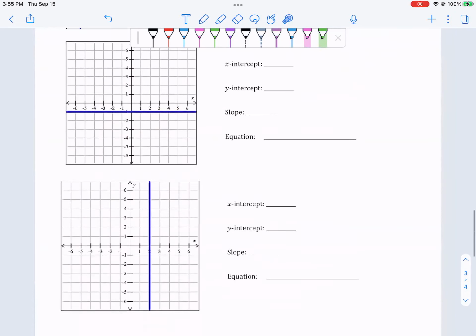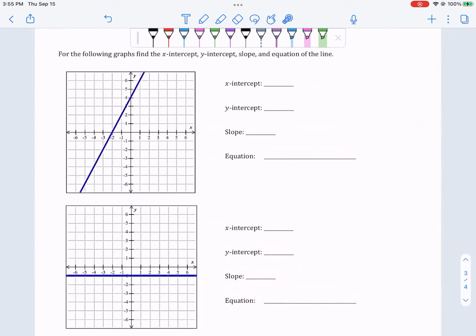So let's do a few more examples. There's one on here that's not a vertical line, but we'll do it anyway for fun. Let's find x-intercepts, y-intercepts, slope, and write the equation in y equals mx plus b form, where relevant. Our x-intercept here is -2. Our y-intercept is at 4. For the slope, we start with our left point, go up 4, and go right 2.